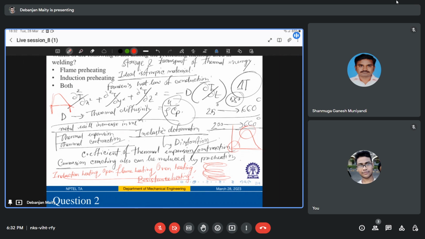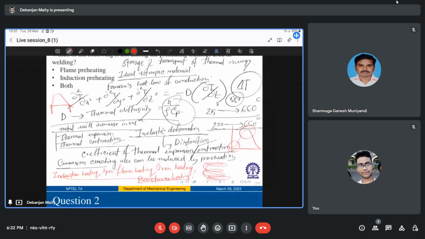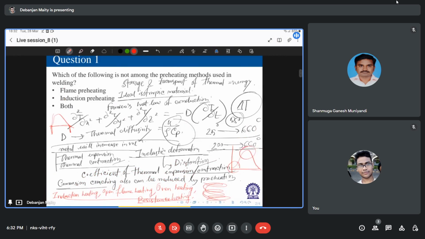In terms of disadvantage, ovens can be quite large and require a connection to an electrical outlet, so they are often permanently installed in one location and don't offer mobility. Those are some of the advantages and disadvantages of these preheating procedures.